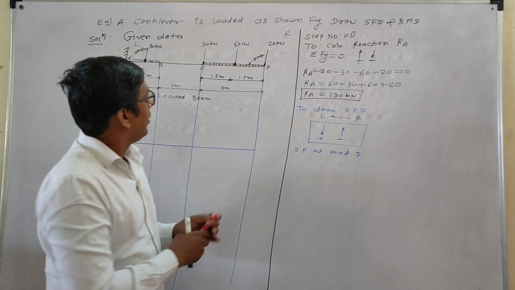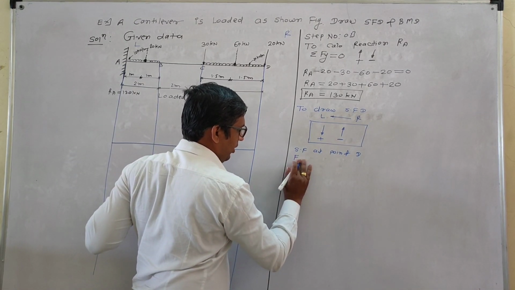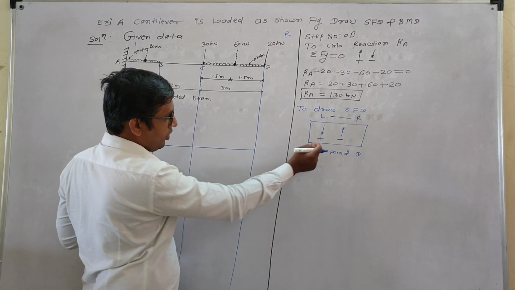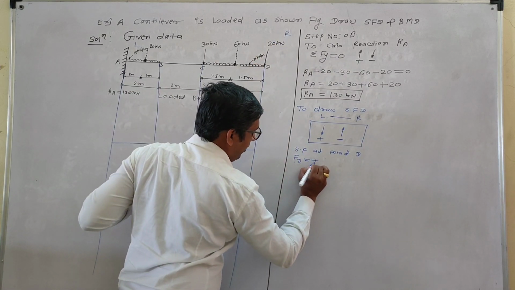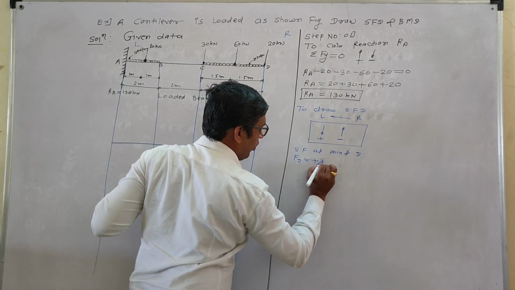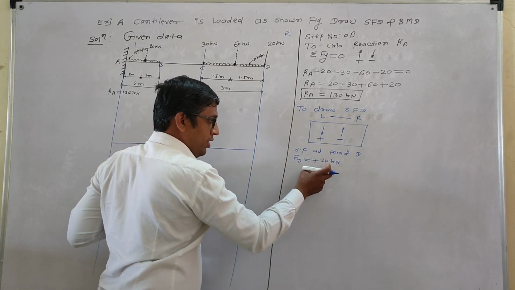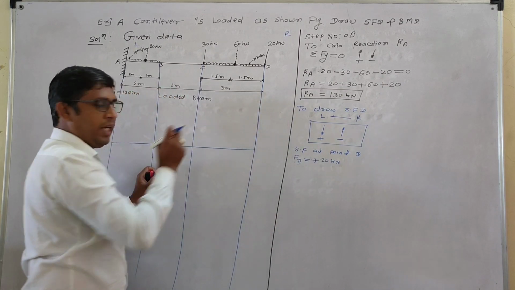Then shear force at point D. See the sign convention. This goes downward, take it plus. Magnitude is 20 kilonewton. Simultaneously, while doing the calculations, you have to also draw the SFD.